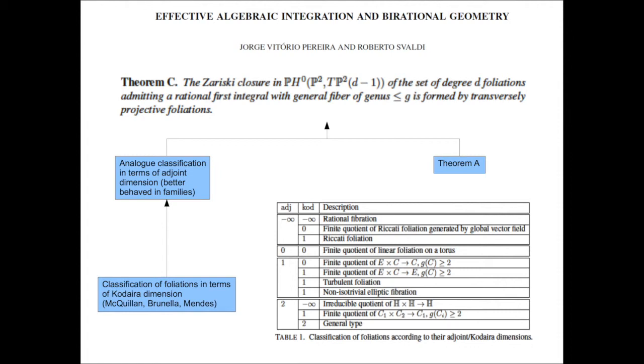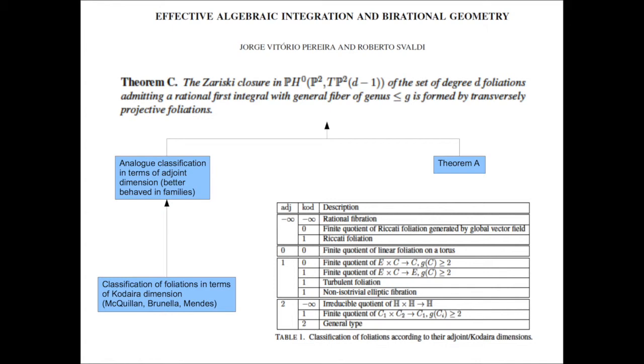Adjoint dimension 0 is a finite quotient of a linear foliation on a torus. Adjoint dimension 1 is a finite quotient of E times C to C, where the genus of C is at least 2. So the base is hyperbolic and the fiber is elliptic. Or is a finite quotient of the same thing but the other way around, E times C to E. So now the fiber has genus at least 2 and the base is elliptic.